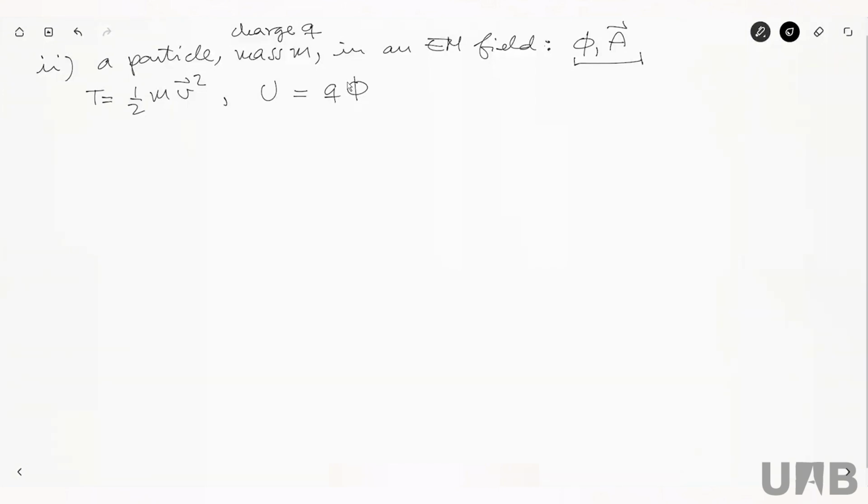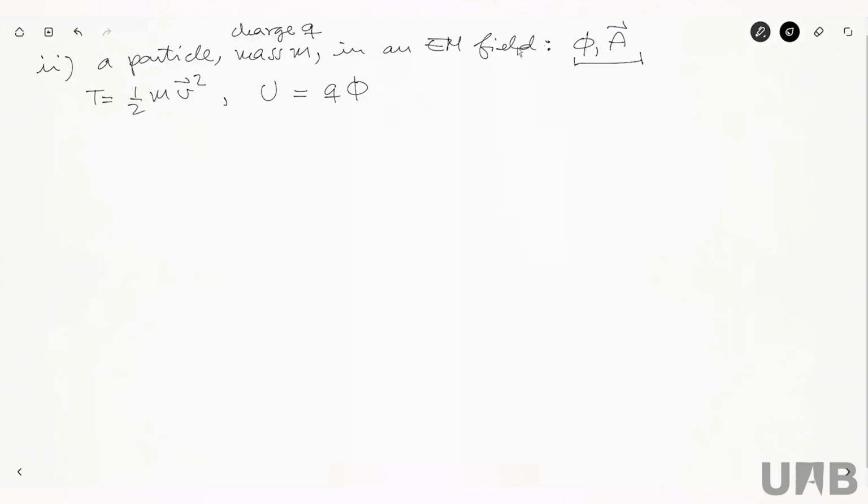But now the particle is moving with a velocity v. Okay? And we know that if you have a particle with charge q moving with a velocity v in an electromagnetic field, there's going to be a magnetic field B, and there's going to be a force, right? Because a charged particle moving in a magnetic field B feels a force, the Lorentz force. So what is the potential energy in that case?